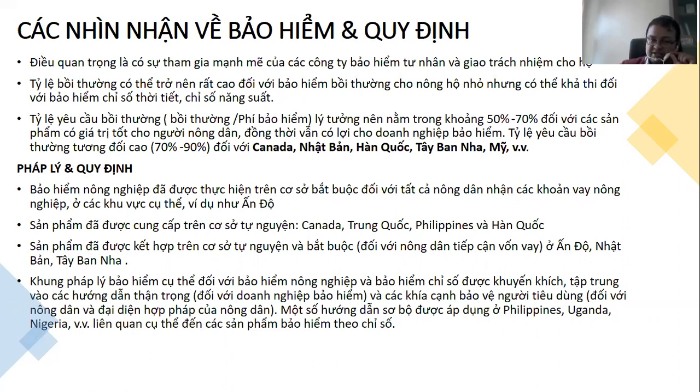Agriculture insurance is basically a mandatory requirement for farmers who are receiving agricultural loans. We've also seen that in some countries it's done on a purely voluntary basis. It's not mandatory. And in some countries it's a combination of voluntary and mandatory, so it's part voluntary, part mandatory.